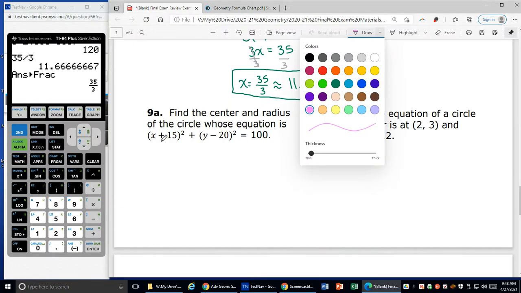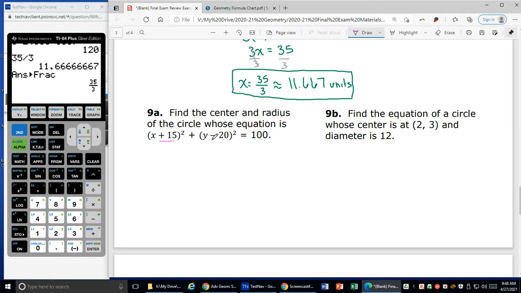So that means when I'm looking at the center, my x really came from a negative 15. So that way when I put minus negative 15, it became a plus. And then my y really came from a positive 20. So when I put it in there, I had y minus that positive 20.